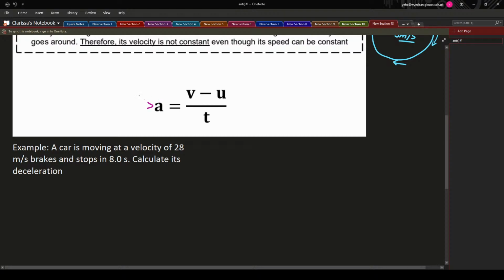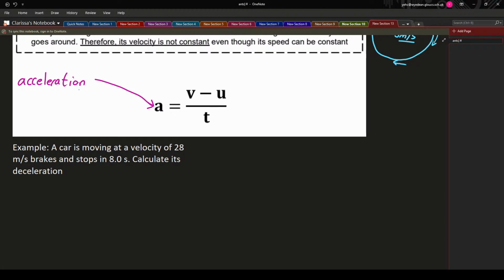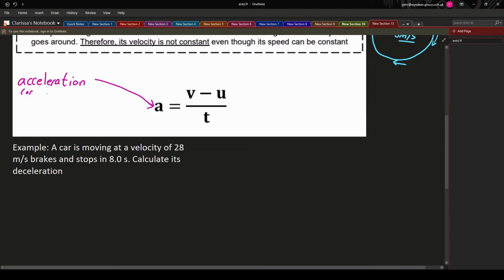I hope you guys can imagine, because this is the acceleration topic, that a stands for acceleration. And remember, this could also be a deceleration. With deceleration, you still use this formula, because deceleration is just an acceleration, but specifically slowing down.